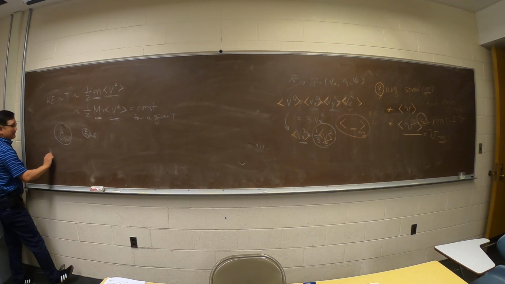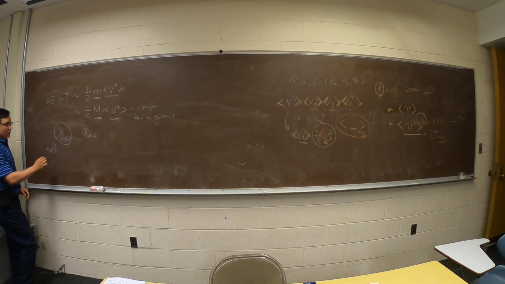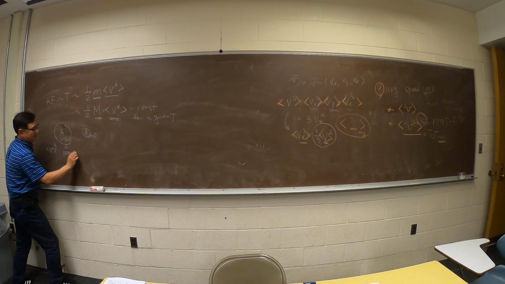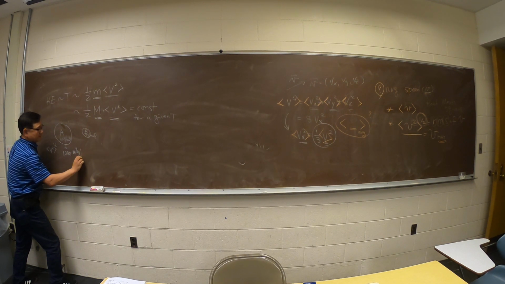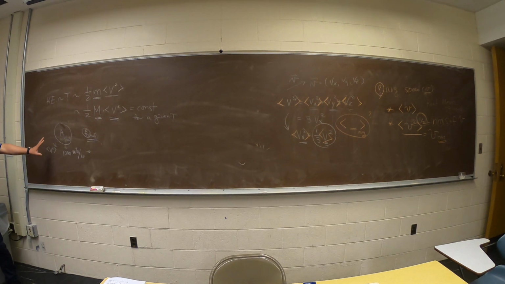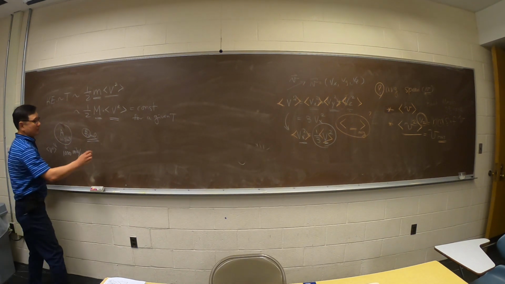And the average velocity, I'm just saying that the average velocity is 100 miles an hour. And then you don't need any more information because the ratio between the masses is about 20.